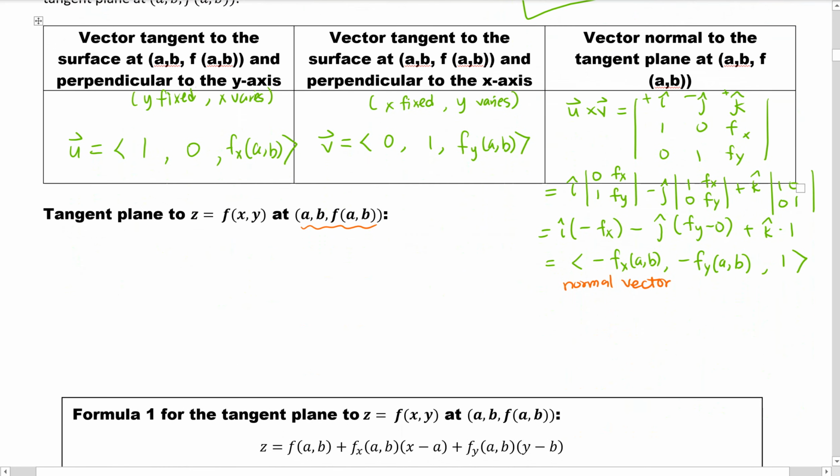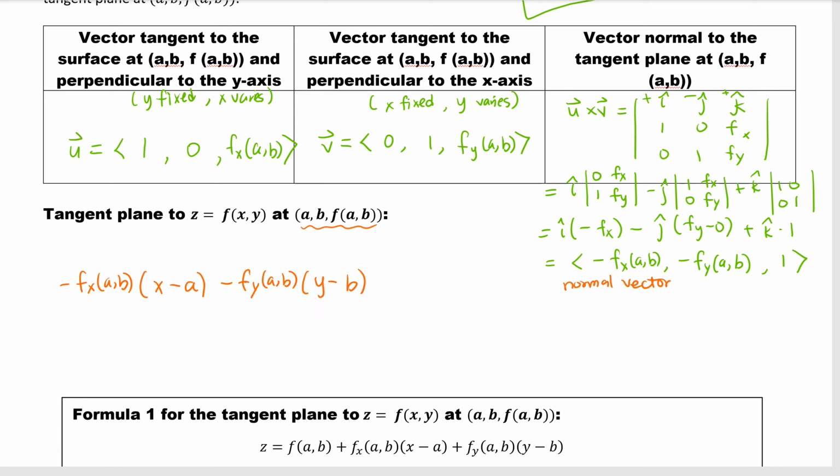We use the first coordinate of the normal vector times x minus the first coordinate of the point, plus the second coordinate of the normal vector times y minus the second coordinate of the point, plus 1, which is the third coordinate of the normal vector, times z minus f of (a, b). So this equals 0.